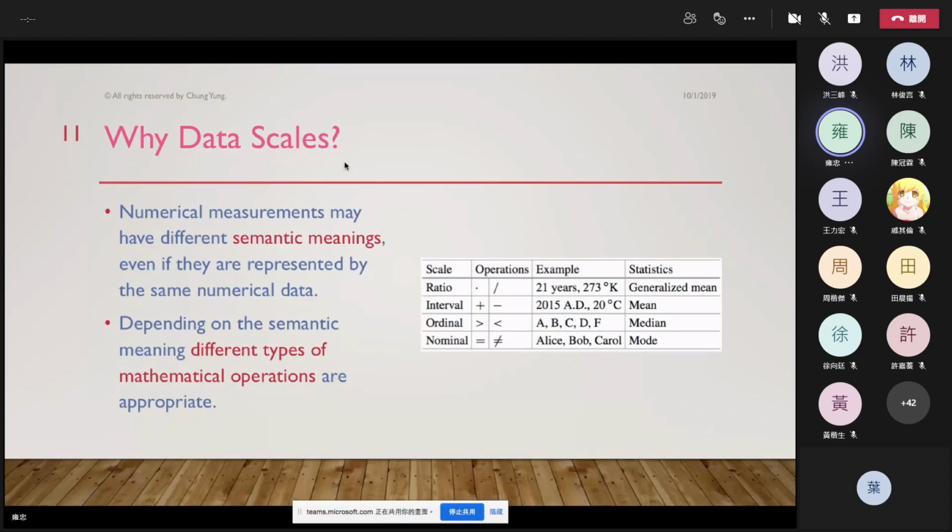Okay, when we talk about data analysis, we start with the discussion in data scales.